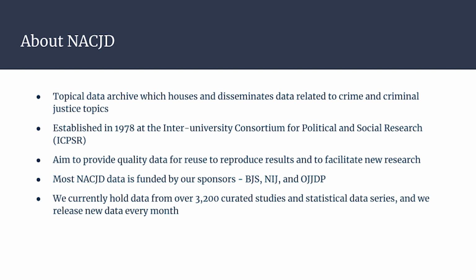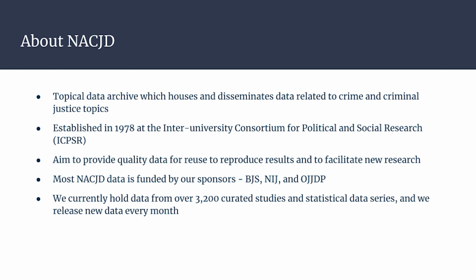Most of our data is funded by our sponsors, NIJ, OJJDP, and the Bureau of Justice Statistics, or BJS. Our current holdings include over 3,200 curated studies and statistical data series, and we're releasing new data every month. Our data are from official sources like BJS, and individual research teams, researchers like you who receive funding from NIJ and OJJDP.